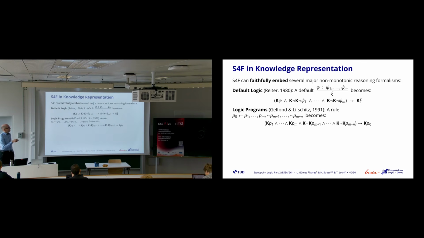Right? The same logic can also express normal logic programs, but even the extended logic programs, which I haven't put here, but it's equally easy. So if you have a logic program rule with default negation for some body literals, it again becomes an implication in S4F, where instead of having general formulas after the K, you only have atoms after the K. But the general idea is the same, right?